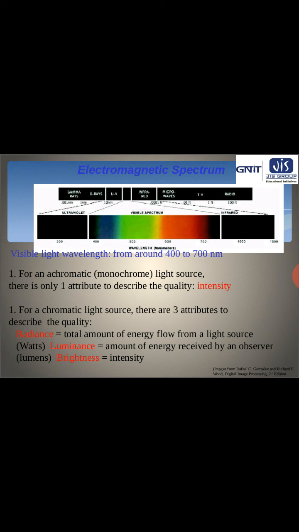The unit is watt. Then illuminance, the amount of energy received by an observer, whose unit is lumens. And then the brightness, which is related to intensity. All these images are taken from Gonzalez and Woods' book, so the courtesy and the reference have been given here.